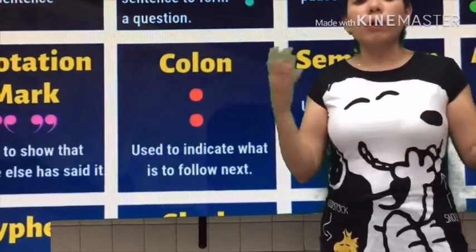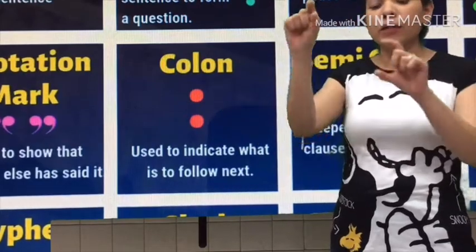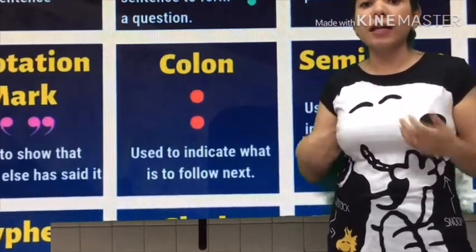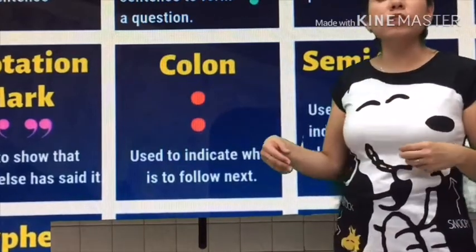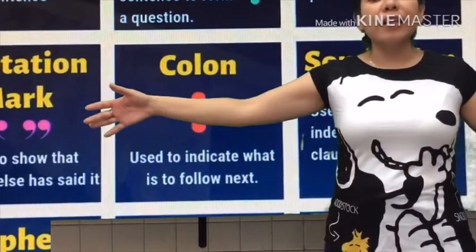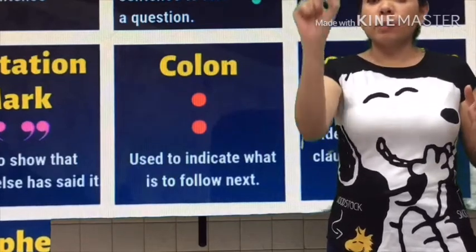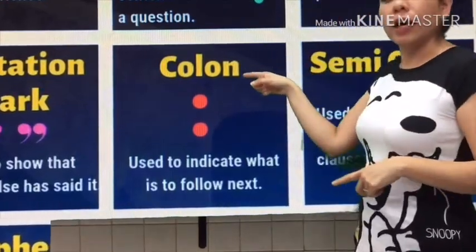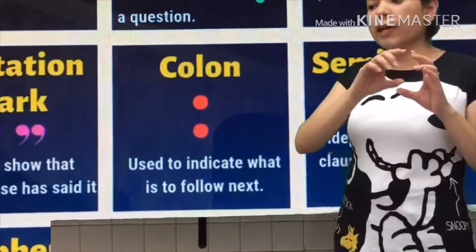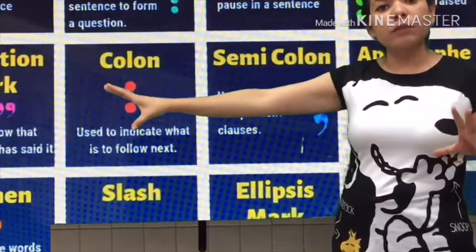Or if you're going to say Iron Man, and you put colon and then you put the dialogue. Another use for the colon is when you want to make a series, like a list. Fruits, and you put the colon, which is like 2 points, and then you express all the items for the list.